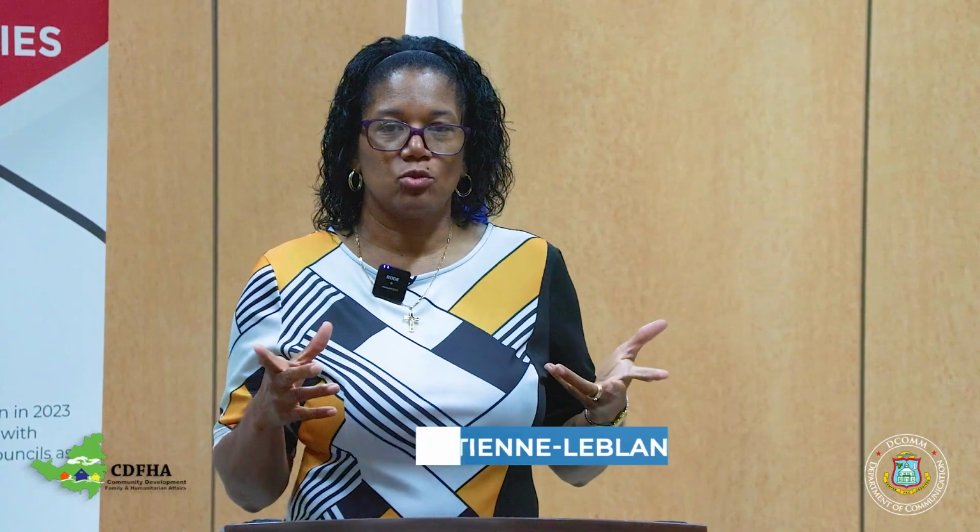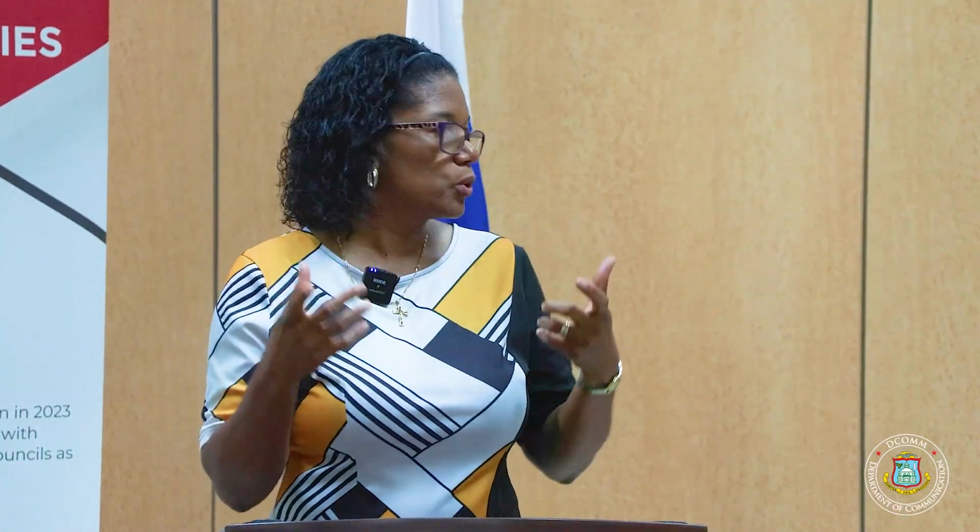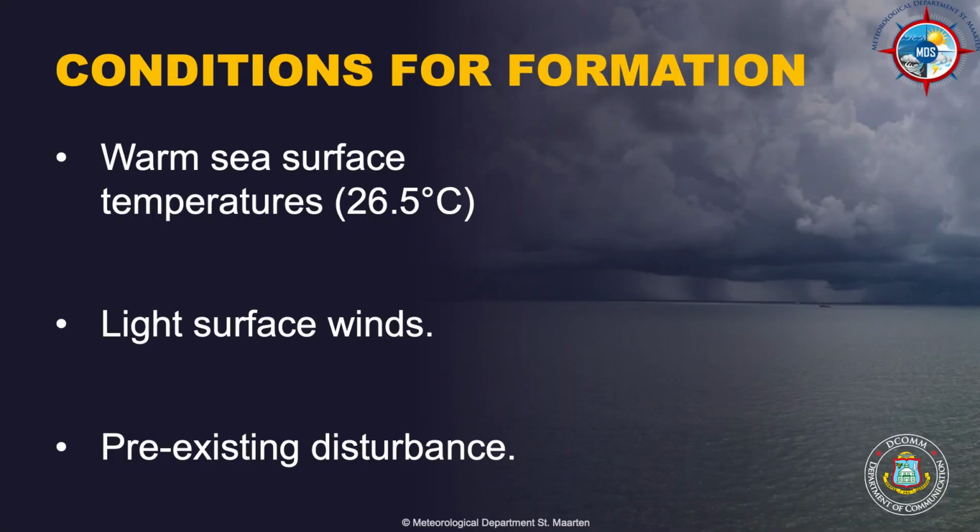You must have light winds. If the winds are very strong, it tends to disrupt the thunderstorm clouds, so the winds have to be a little light in order to grow. And then the pre-existing disturbance, that's the little thunderstorm I was talking about earlier. A tropical wave, a little rain, something there.